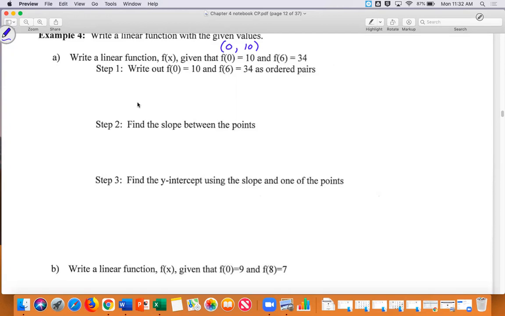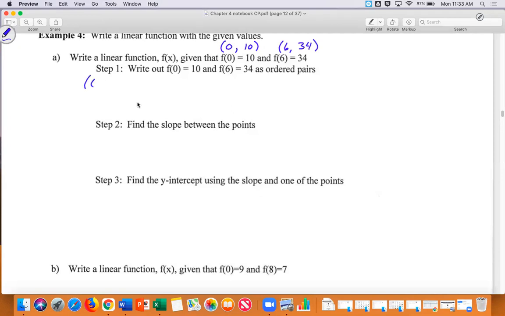And how would I convert f of 6 equals 34? Well, that would be 6, 34. And then we're right back to where we were on Thursday.